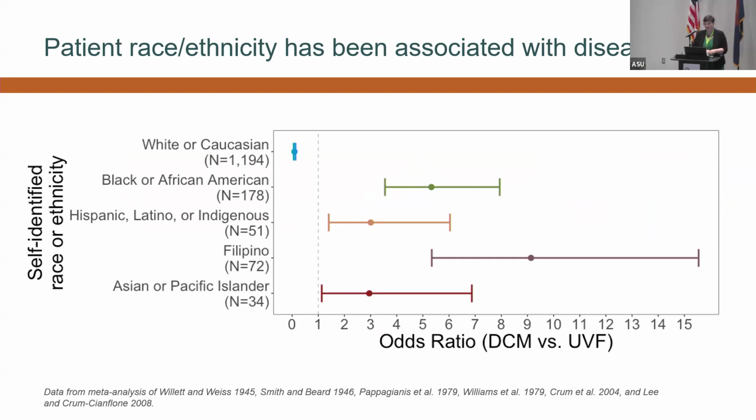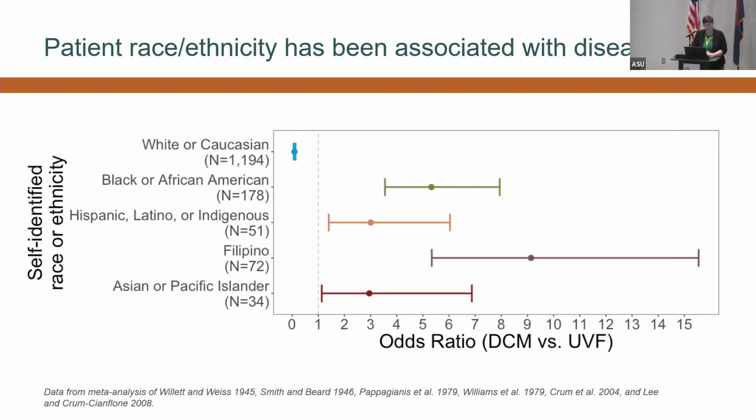This is a meta-analysis we did of 6 very good papers over the last, I think, 50 years. And you can see here that individuals who identify as white or Caucasian are significantly less likely to have dissemination than those of any other race or ethnicity group.